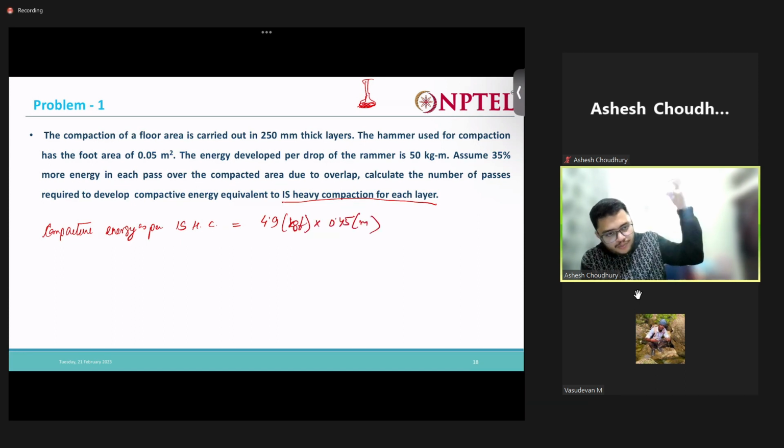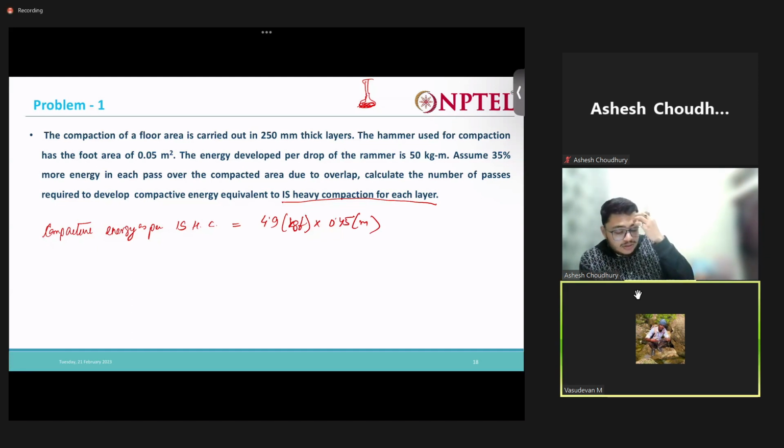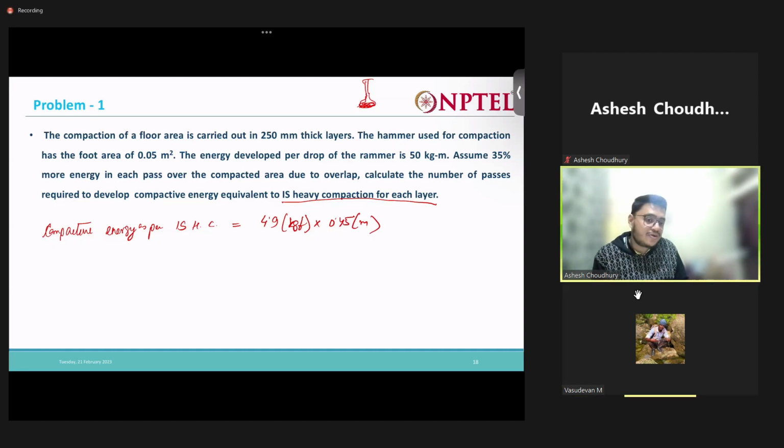This is actually the drop of the hammer, right? I told you before that IS heavy compaction is almost similar to the modified Proctor test. If you remember the values, you can easily relate these numbers. So 4.9 kg is the weight of the hammer, and 0.45 meter is the drop of the hammer.